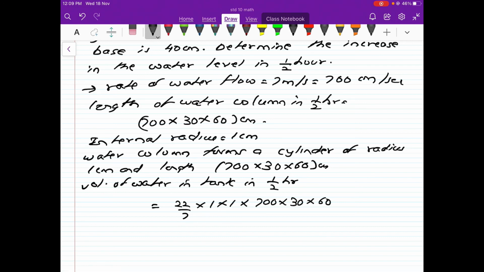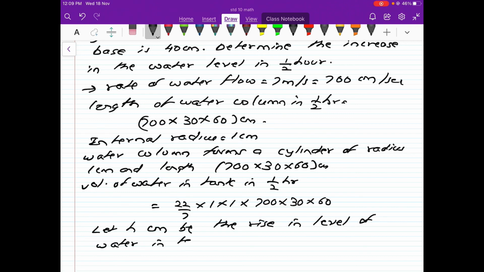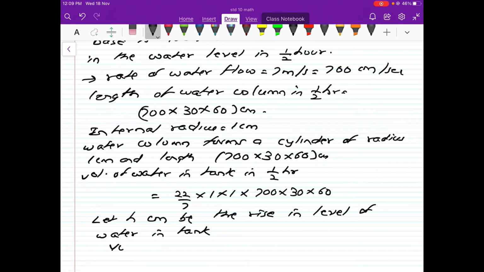So now this volume will be equal to the volume in the tank. Let h centimeters be the rise in level of water in the tank.